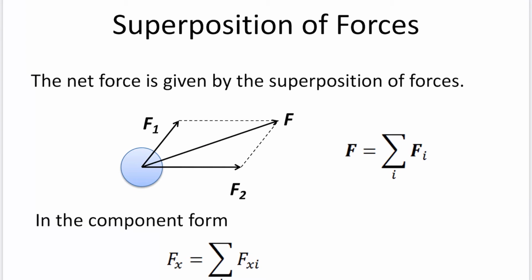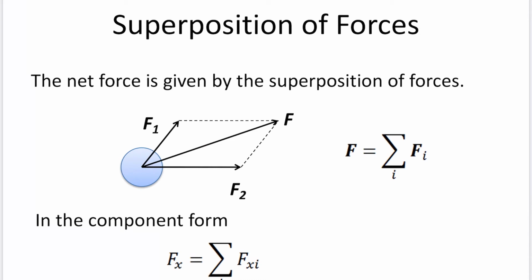Sometimes several forces act on the object. Then we have to sum up the forces to find the net force acting on the object. The net force is given by the superposition of forces, which is the vector sum.